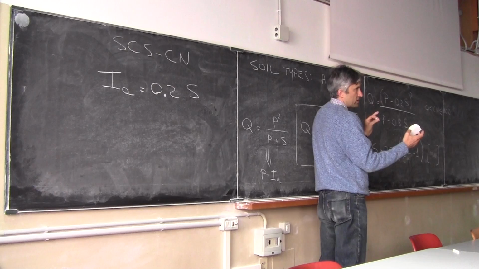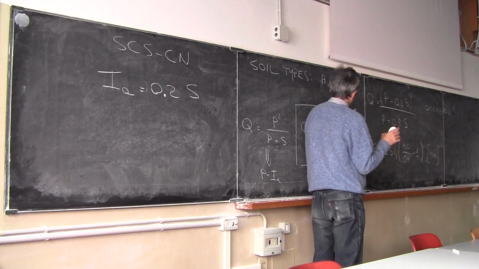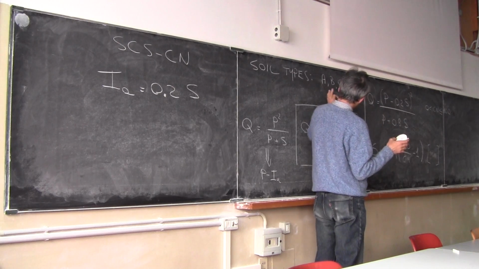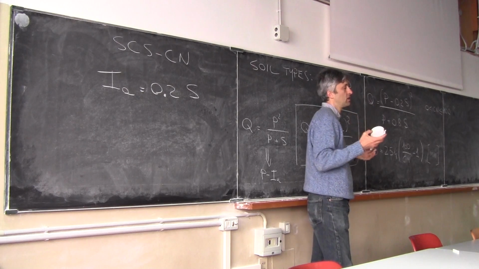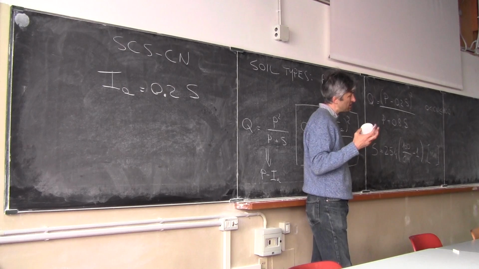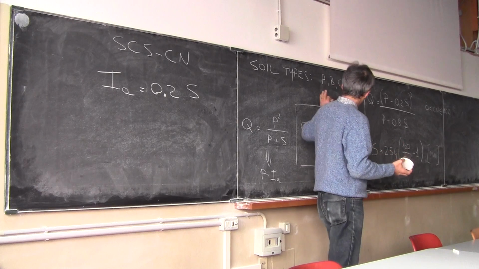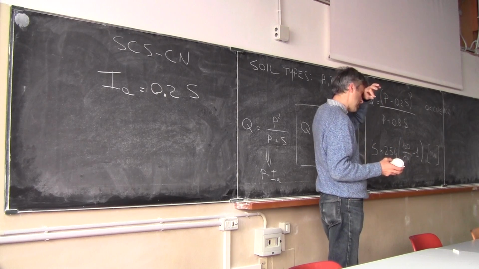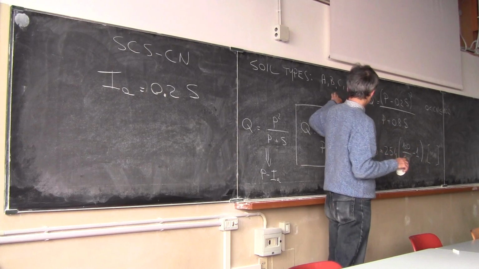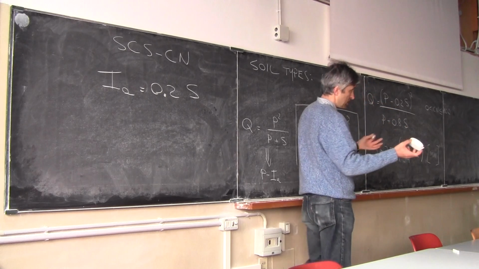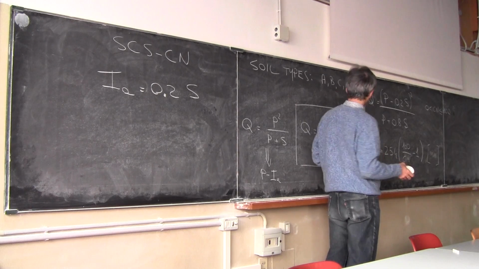You have just 4 categories, and it's quite easy to place the considered soil within these categories, because it's basically a porosity distinction, so you can really easily identify where to put your soil category. When I turn the computer on, we can look on the web to search for the definition of the soil categories. You will see that it's very easy to place a considered soil in the respective category.